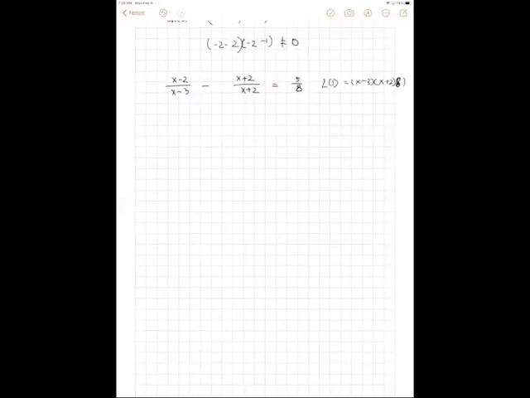So we want to multiply each term by the least common denominator.